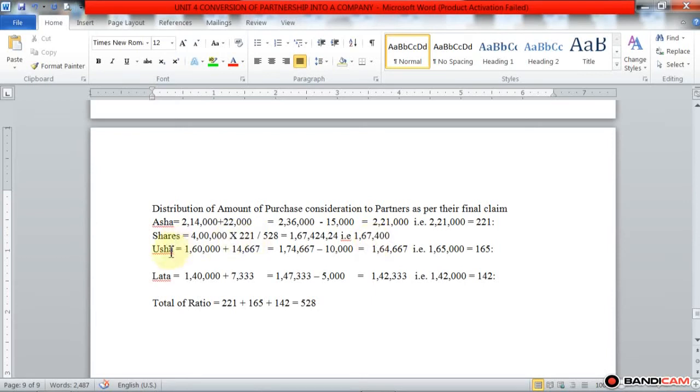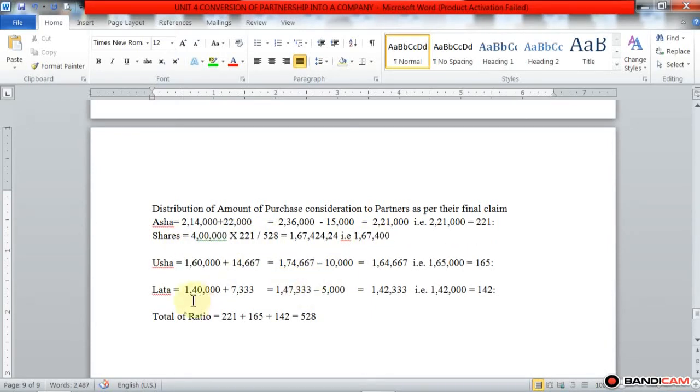Then distribute the shares to Usha, that is 4 lakh multiplied by 165 divided by 528.